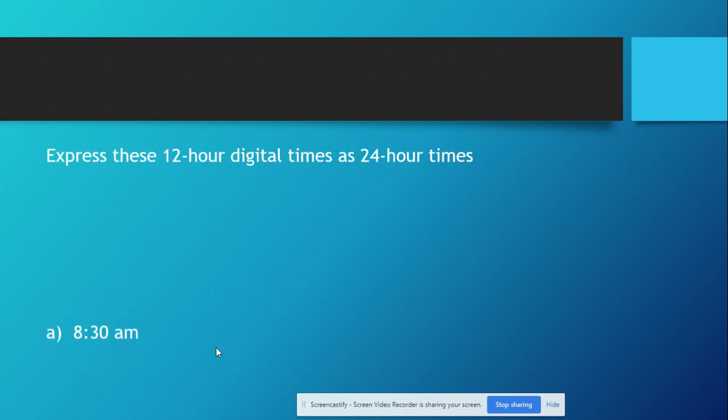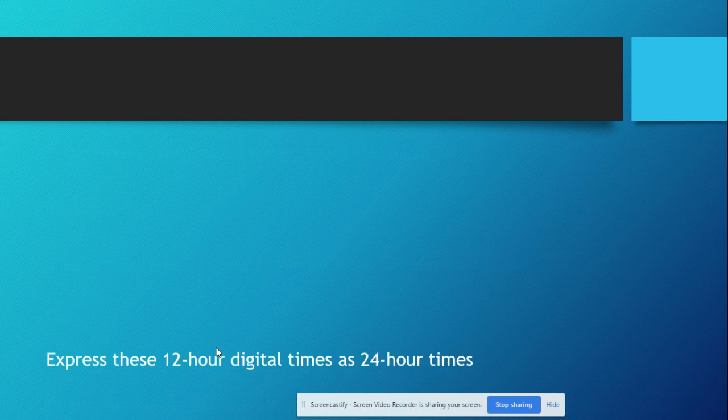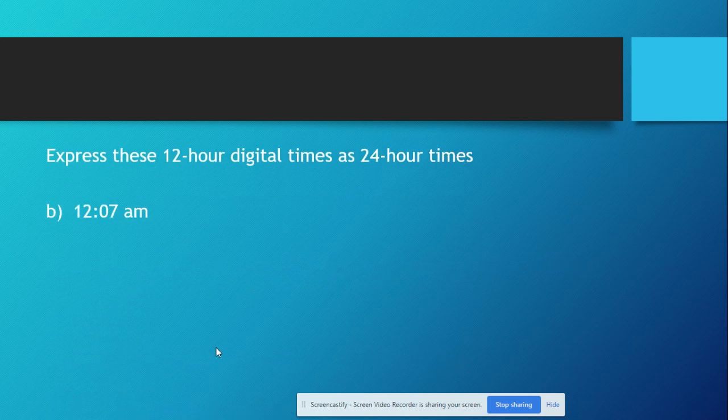Okay. So 8:30 stays the same because it's 8 hours and 30 minutes after midnight. When you've got 12:07 a.m., it's just been midnight, so it's going to be 00:07 because it's 7 minutes after midnight. And then you've got 2:35 p.m. So that's now the afternoon.